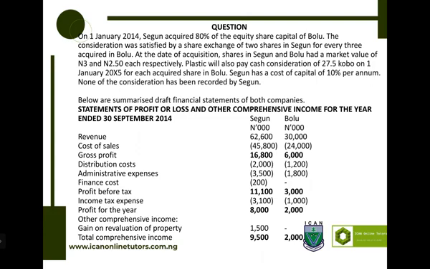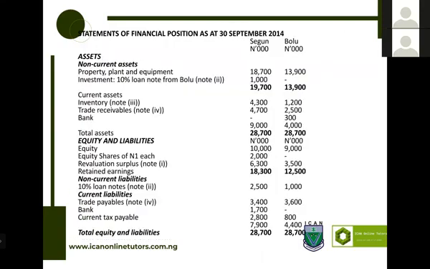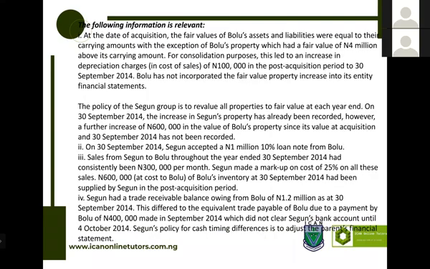And we are given below the summarized statement of comprehensive income of the 2 companies. Revenue up to total comprehensive income and we have our SOFP given as well. All right, let's go to the additional information that's concerning us most.